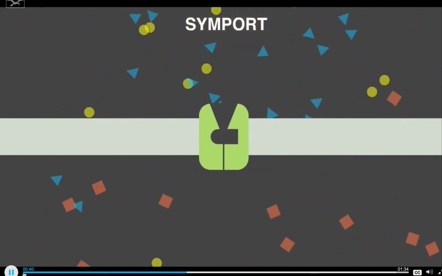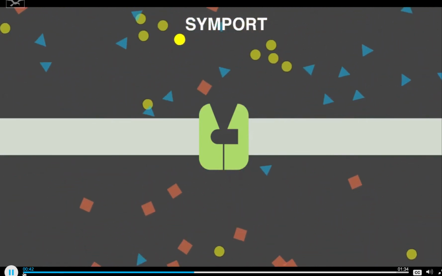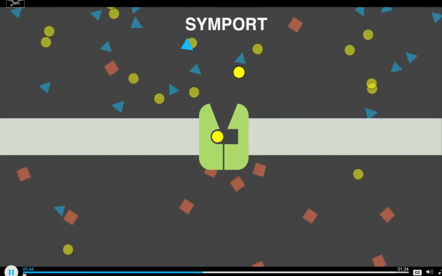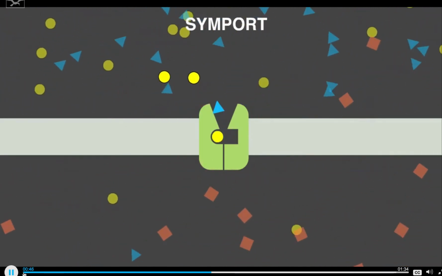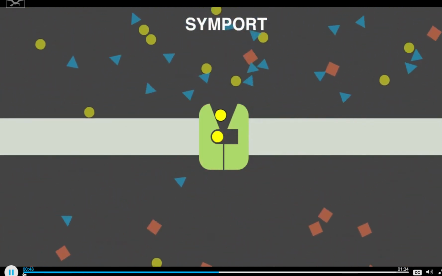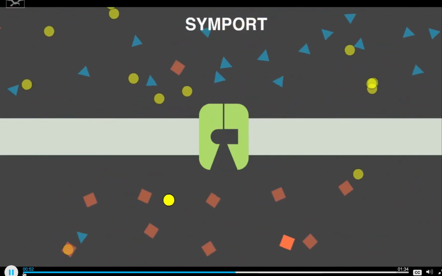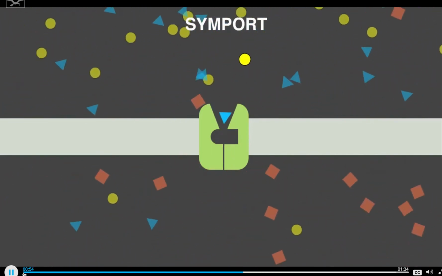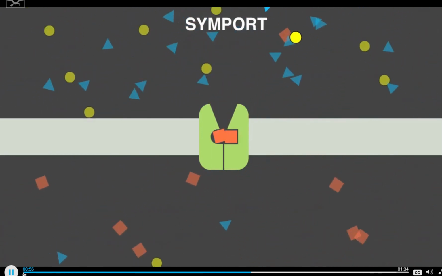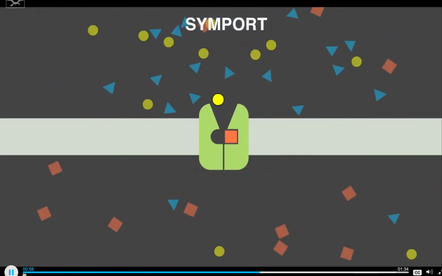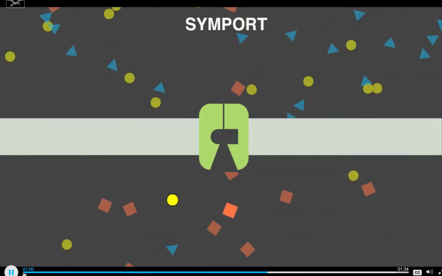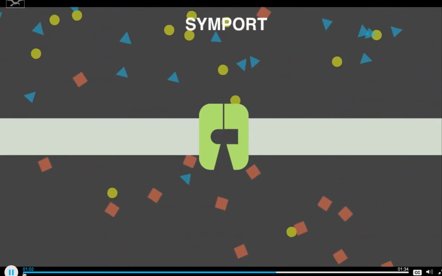In this example, the solute represented by the circle is carried down its concentration gradient, from high concentration to low. The energy released by the movement of this solute drives the movement of the other solute, represented by the square, against its concentration gradient, from low to high concentration.